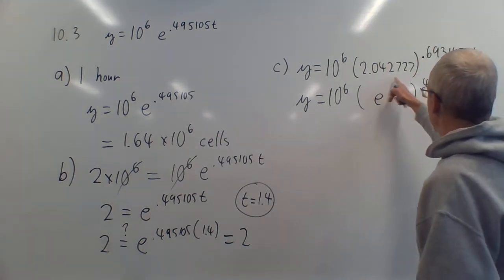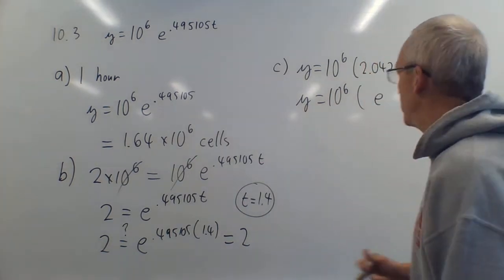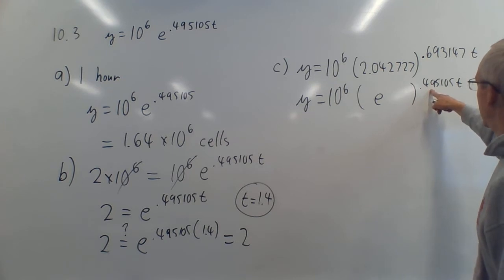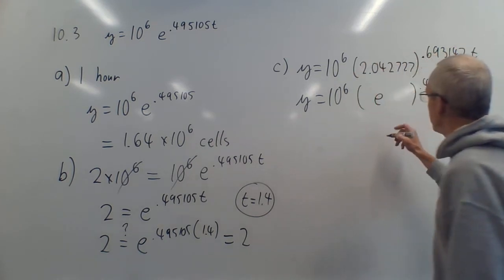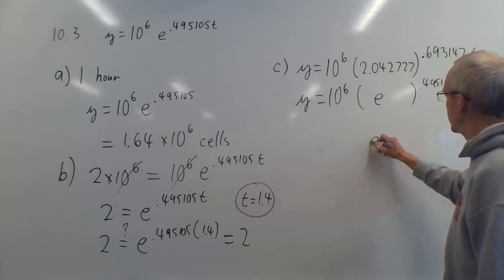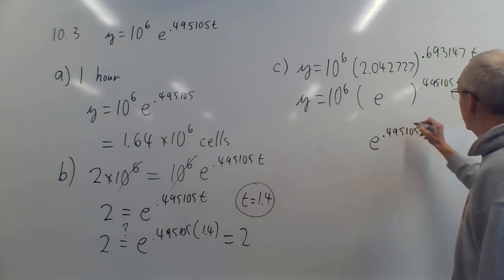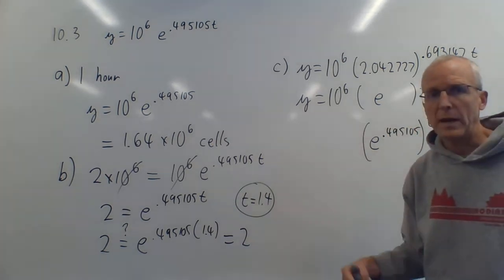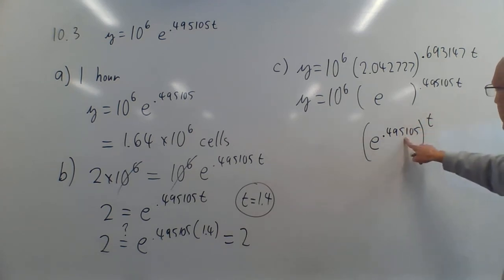Now, the 10 to the 6 is the same, right? So that's fine. We just need to see if these bases to this power are the same. The way you can think about it is this thing here, the one I just wrote, is e to the 0.495105 to the t power, using the rule where if we have a power to a power, you multiply. So you get the t in.